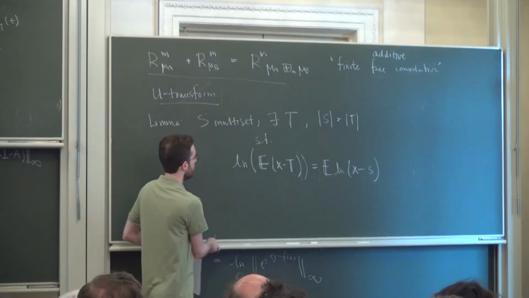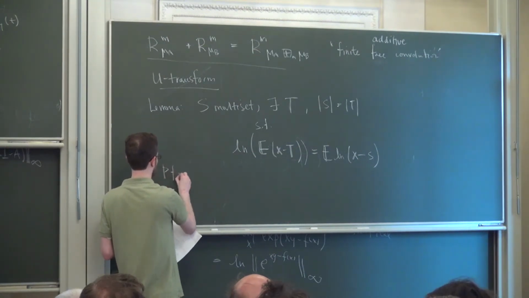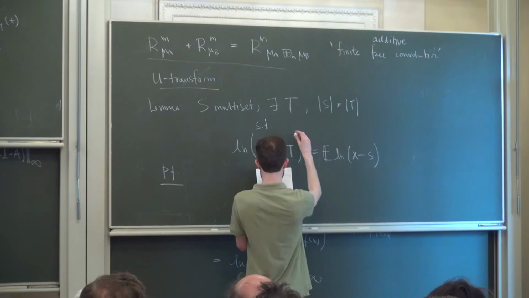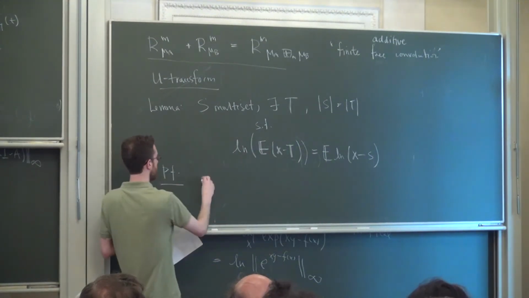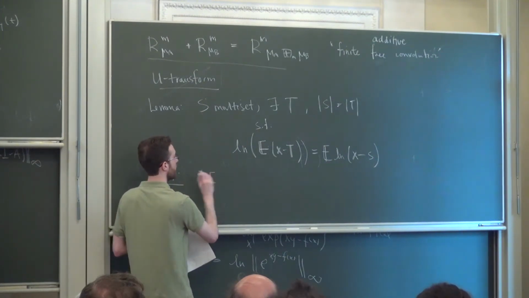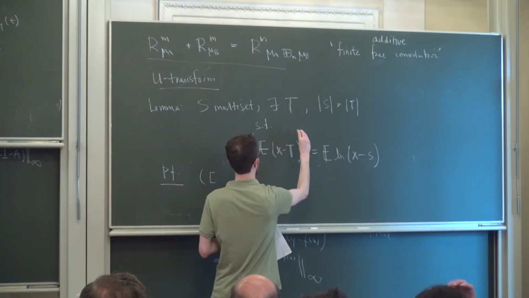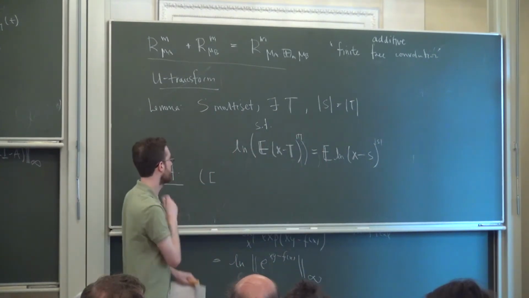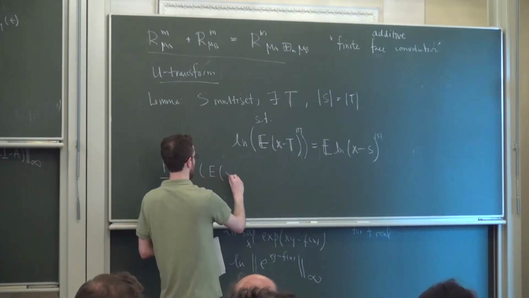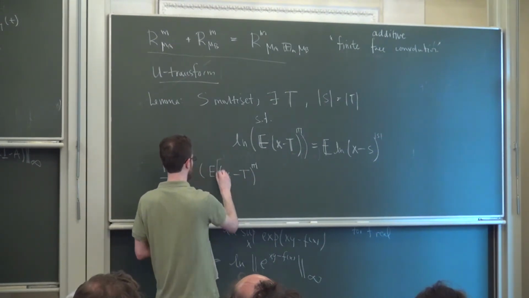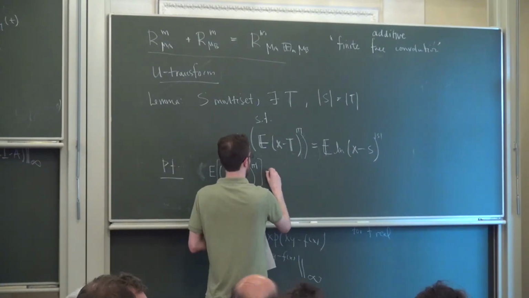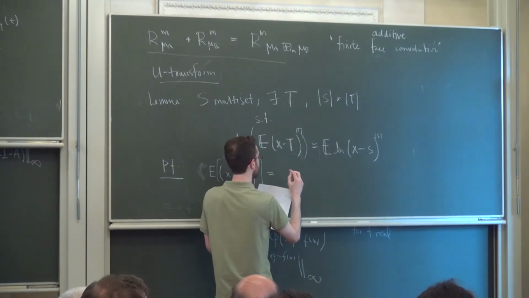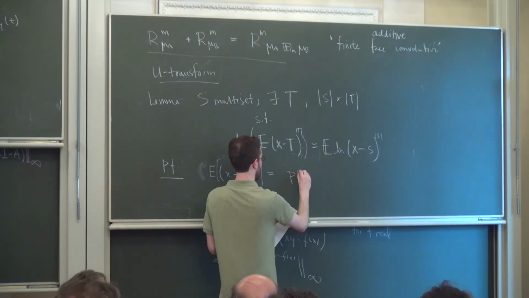Okay, and how do I see this? Well, if I take the exponentials of both sides, this becomes the expected value of x minus T to the T, which is then some P of x, a polynomial in x.